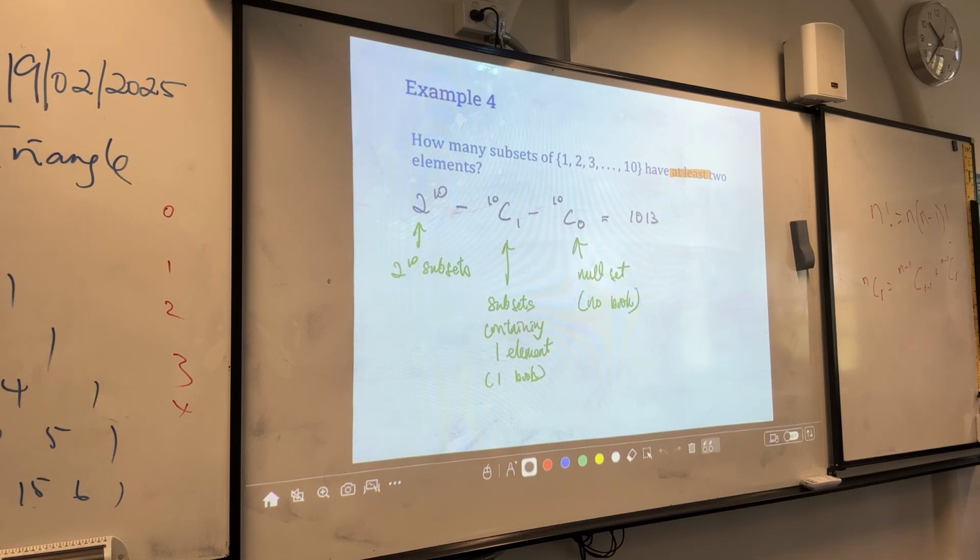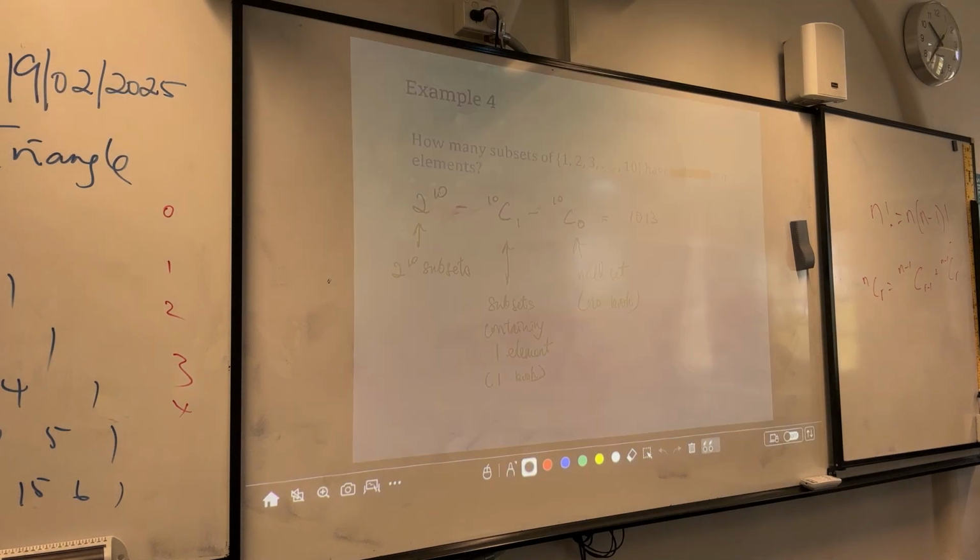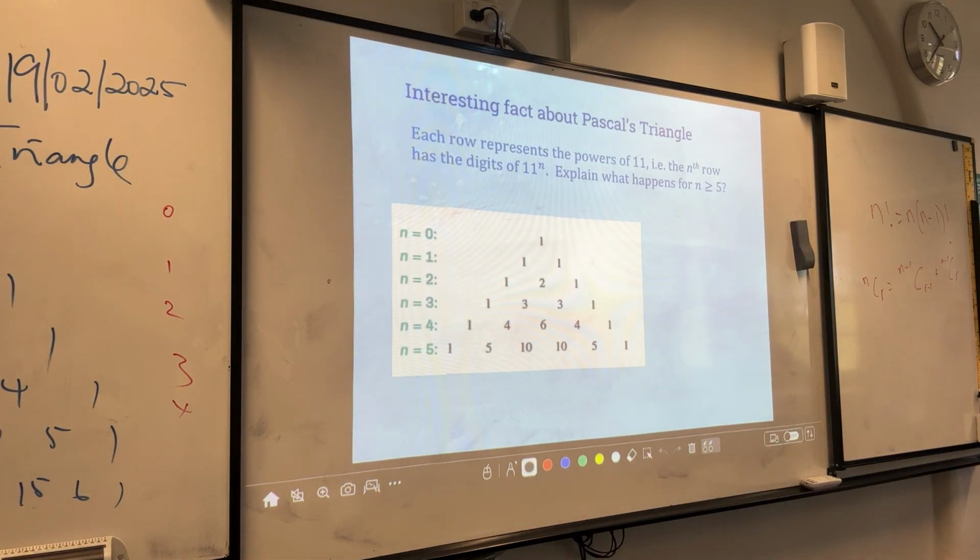Alright, the last one, the interesting one. Can you think about 11 squared? Pascal's triangle is actually 11 squared, 11 cubed, 11 to the power of 4. But what happened at the end?